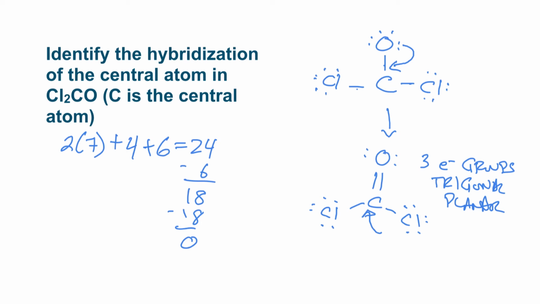And to make these 3 bonds all be more or less identical, this has to be sp2 hybridization. So I have to combine 1 s orbital and 2 different p orbitals so that I can make 3 different yet identical sp2 hybrid orbitals.